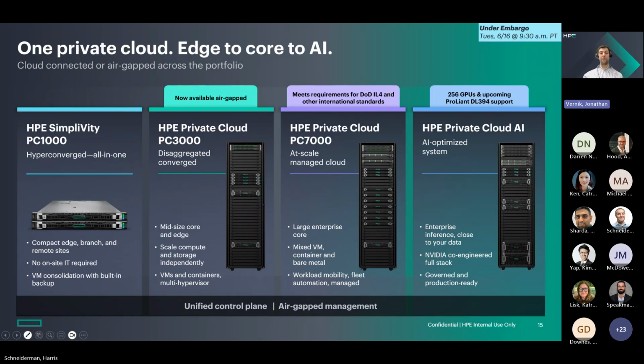That's not only VMs that you can do on a PC1000 and 3000, but also containers and bare metal, managed by HPE or through a partner with financially backed SLAs similar to cloud providers, where we provide service credits or penalties if we don't meet operational SLAs within the environment.